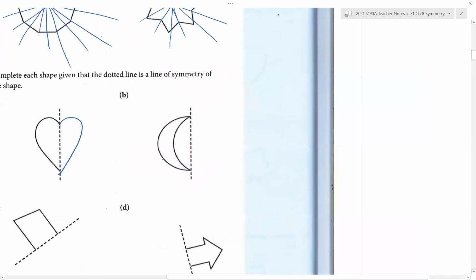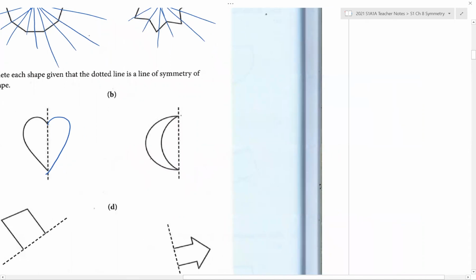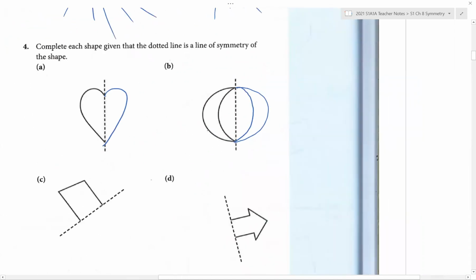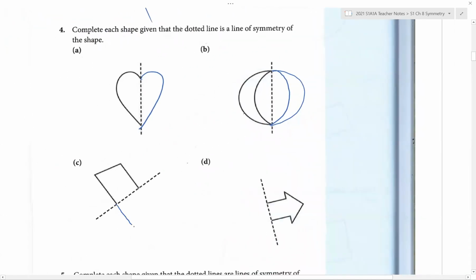What about the crescent shape, that moon shape? Is this okay? How about this? Is this okay? A bit too slanted. No, too short. Not straight. Okay. And the last one, the arrow.